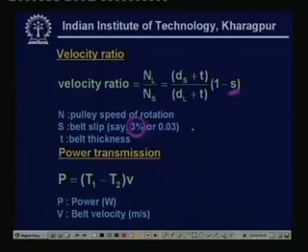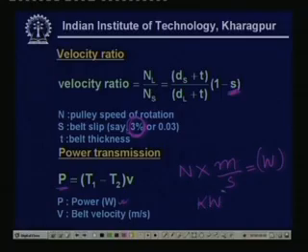Now, the expression for power transmission is very simple. Power is (T1 minus T2) into the belt velocity V. Once again, T is in Newton multiplied by V in meters per second, so Newton meter per second is watt. That is the reason power is in watt, but a convenient way of putting the power is kilowatt, thereby a factor of 10 to the power 3 can sometimes be utilized.